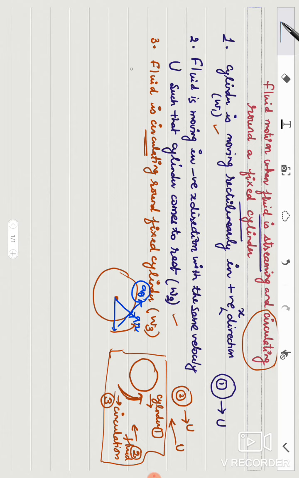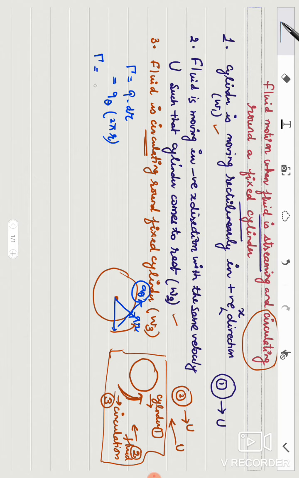How do we define the circulation? We define gamma equal to the integral of velocity dot line element. And what is this q in this case? It will be q_theta. And the line element, when we are talking about the complete cross section, will be the circumference, so it is 2 pi r.